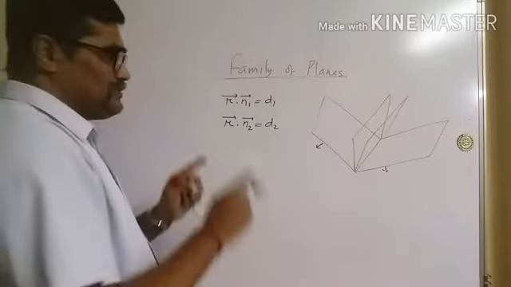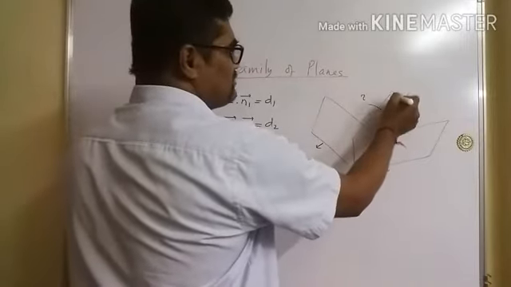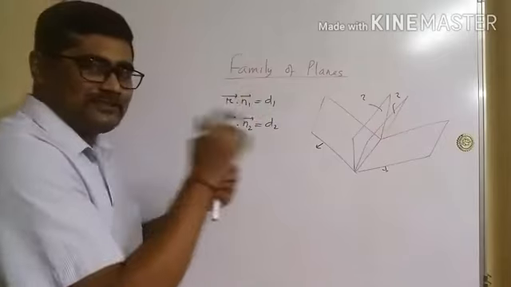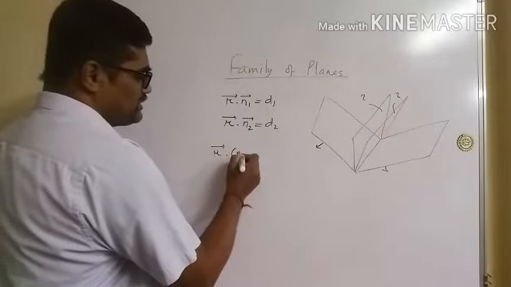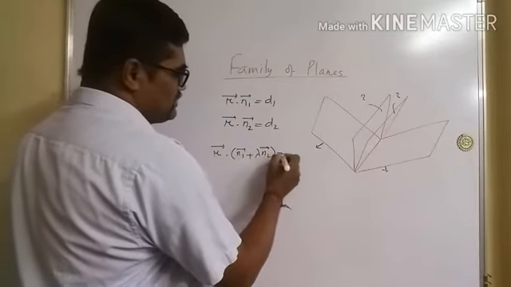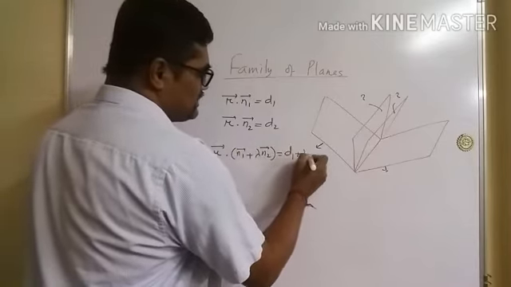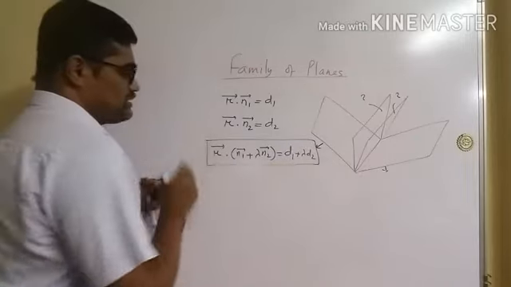Then we would now like to find the equation of all these planes. This is 1, suppose this is 2, these equations I need to find. So that will be given by r dot (n1 plus lambda times n2) is equal to d1 plus lambda times d2, right?